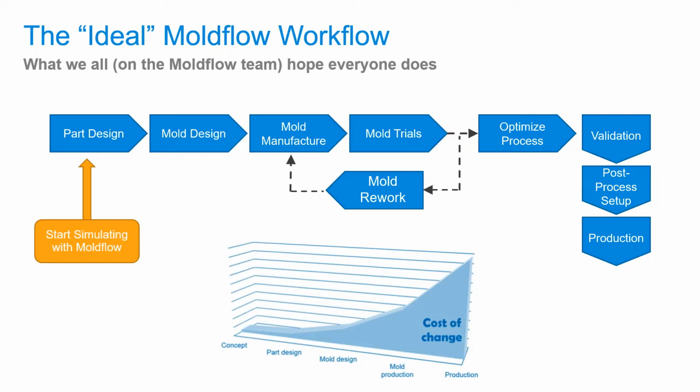As we can see here, we can say to start using Moldflow at the part design stage, where you can gain insights for things like design for manufacturing, will the part fill, and even weld lines due to design as some examples. But you can also follow those by running Moldflow simulations for the mold design and process optimization steps. So realistically, simulation plays a part in almost each of these stages.